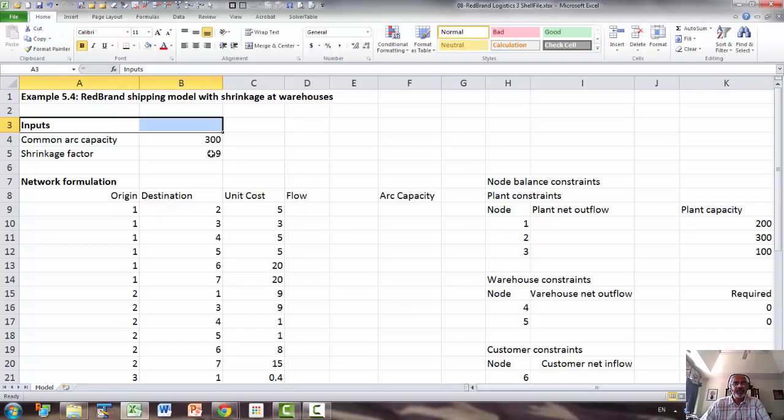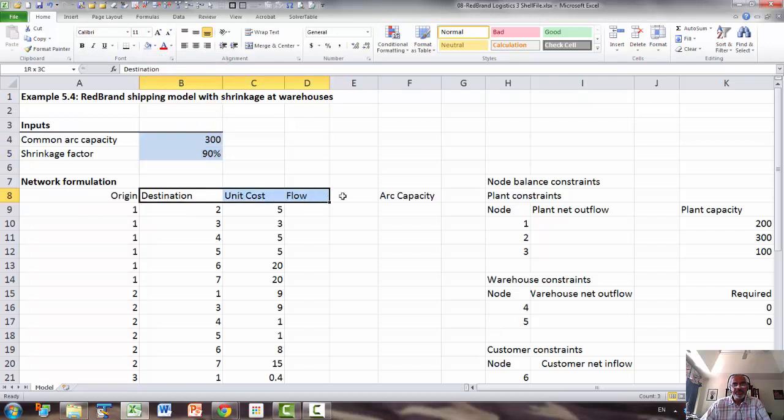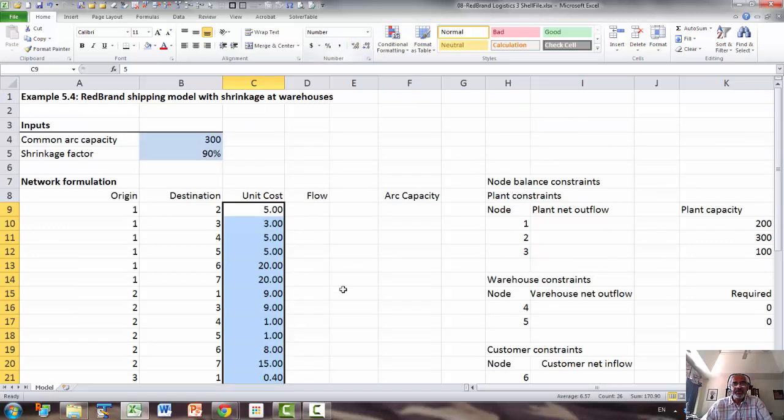So let's first format these. So this is input cell. So we have origin and destination. Okay, and we have the unit cost. So same like before. Let's put a couple of decimal places there.